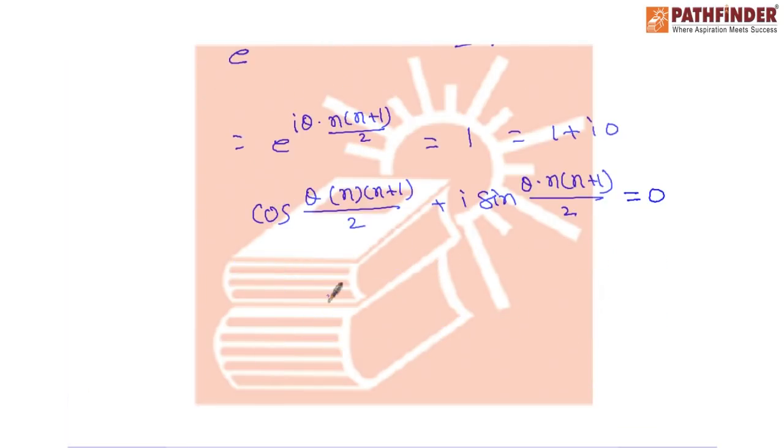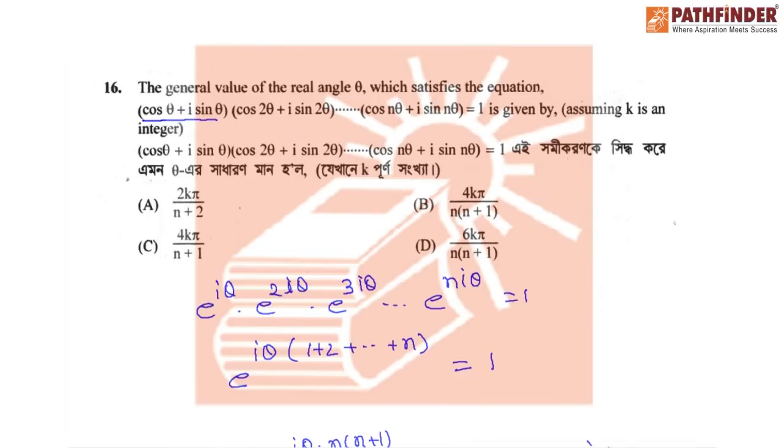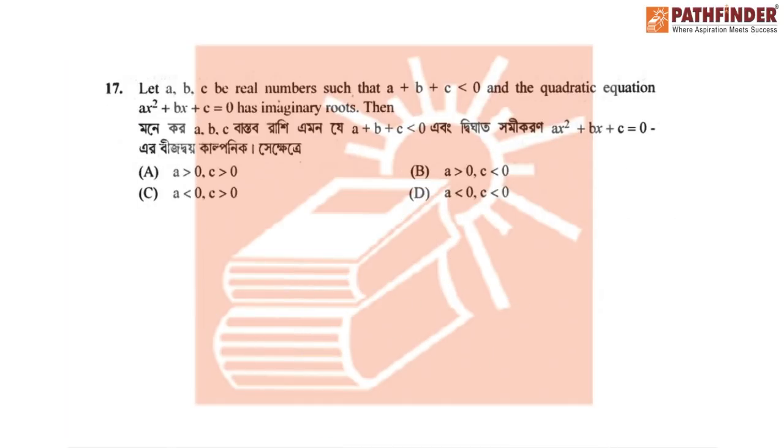This is possible when n into (n plus 1) by 2 times theta is 2k pi, where k is any integer, or theta is equal to 4k pi by n into (n plus 1), which is given in option B.